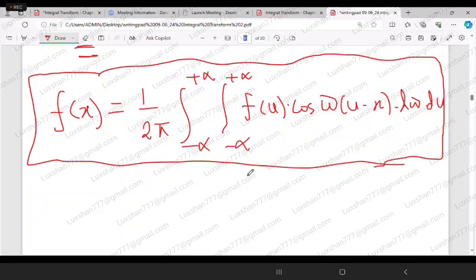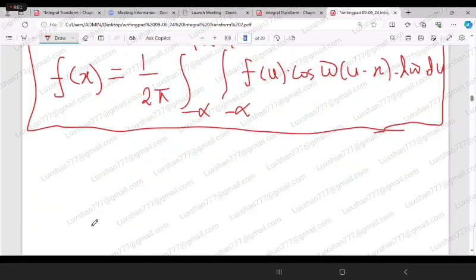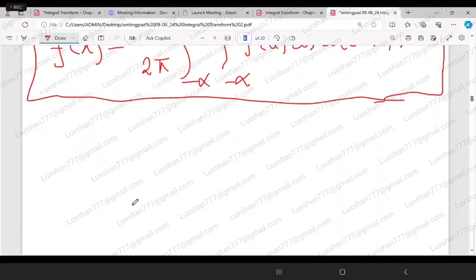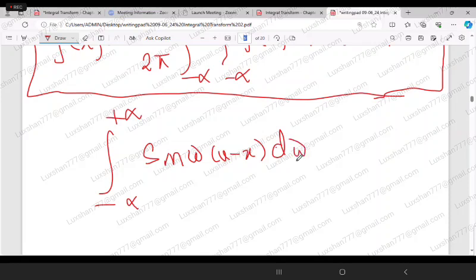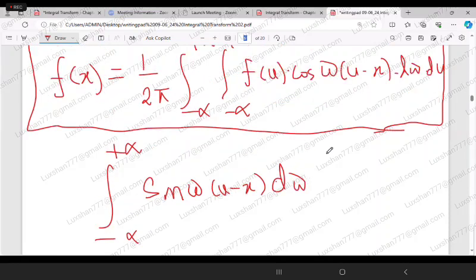Now I am asking a simple question. If you understand, can anybody tell me what is the integration from minus infinity to plus infinity, and minus infinity to plus infinity, of sin omega (u minus x) dx d omega?